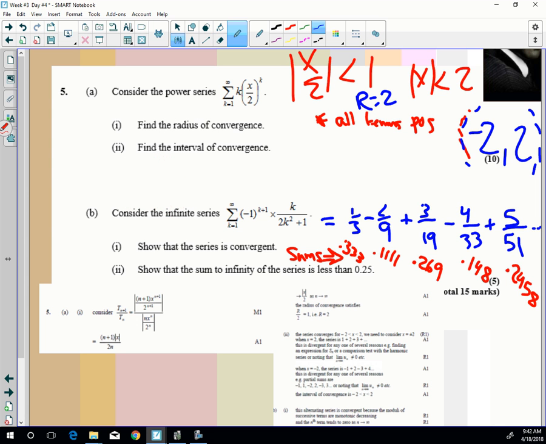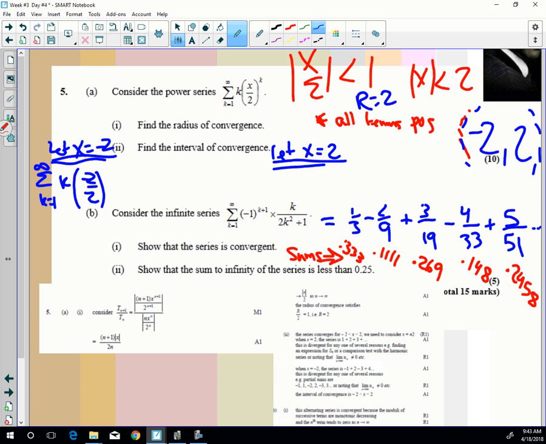Okay. So we're going to let x be equal to -2, and then later on we're going to let x be equal to 2, so we can check this boundary and that boundary. Go into the original series, the sum as k goes from 1 to infinity of k times -2 over 2 to the k.